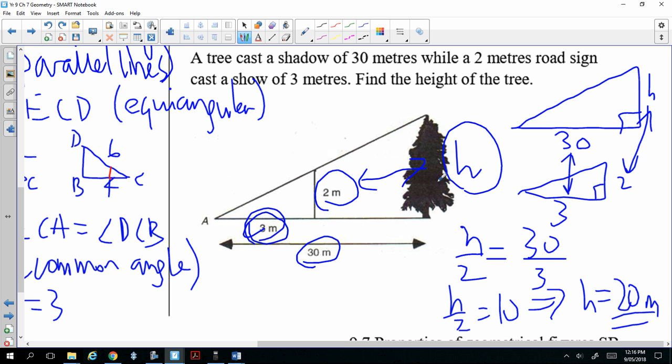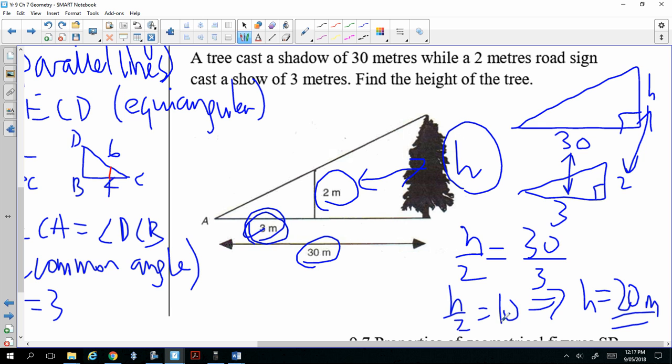H over 2, because H and 2 are matching sides. Let me explain again. H over 2, because H and 2 are matching sides, equal to another pair of matching sides, 30 over 3. Now, what's 30 over 3? 10.